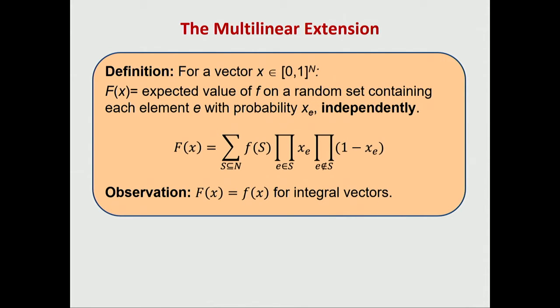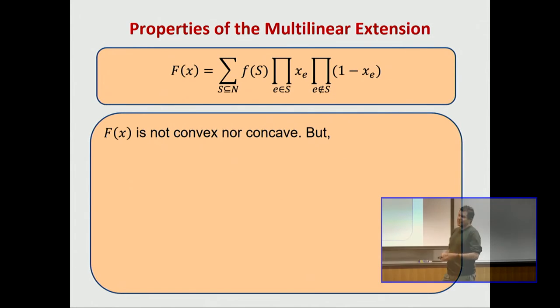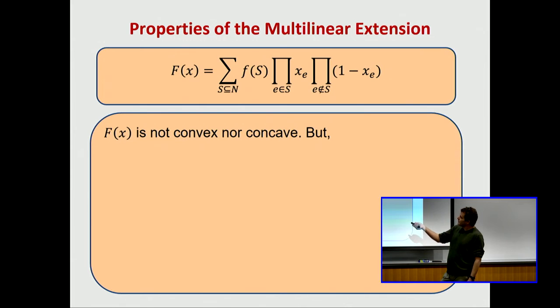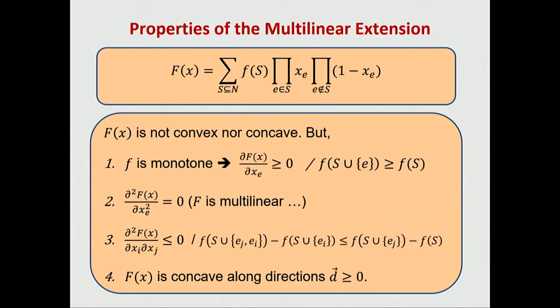This extension was really useful in maximization, and it has many nice properties that I will not prove here, but I will tell you some of them. You might want it to be convex or concave, but it's not. Still it has nice properties, retaining properties of submodular functions. For example, if the function is monotone, so adding an element will not hurt you, then the derivative of F is non-negative.